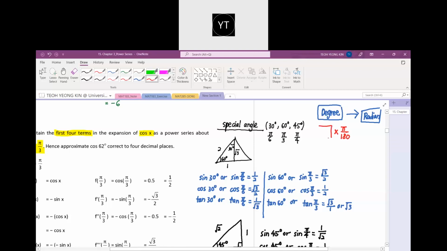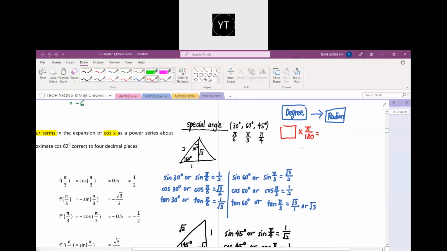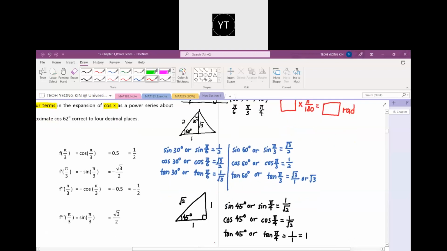If you want to convert to radians, you multiply by pi over 180. So the output here will be in radians. So, one value in degrees multiplied by pi over 180, and you will get radians. You have to remember this part.